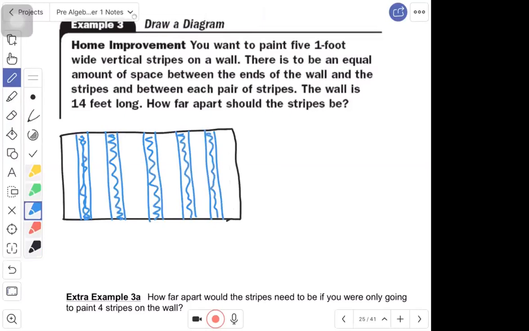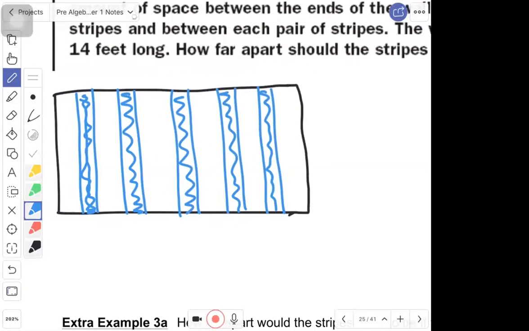First, these stripes are 1 foot wide. So each of these is 1 foot. They're taking up 1 foot. So we're going to label under each of them that it's taking up 1 foot. So that's already 5 feet of this wall.